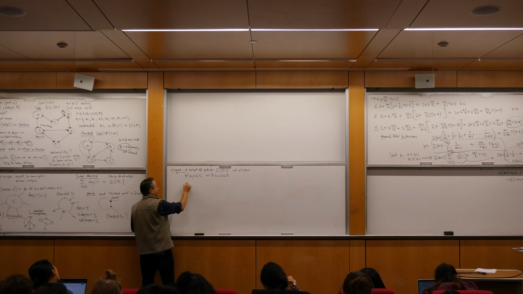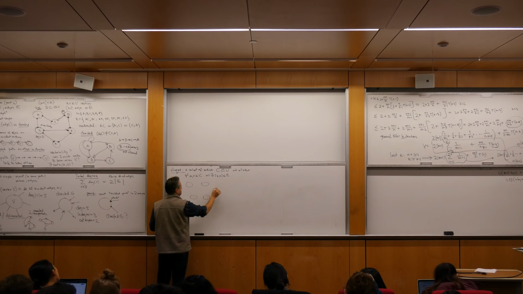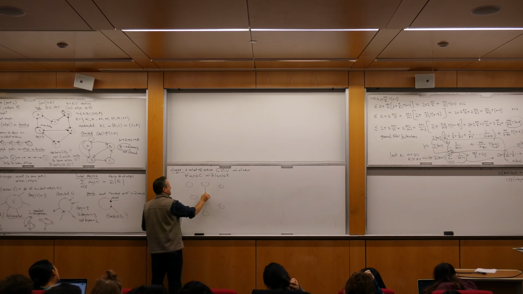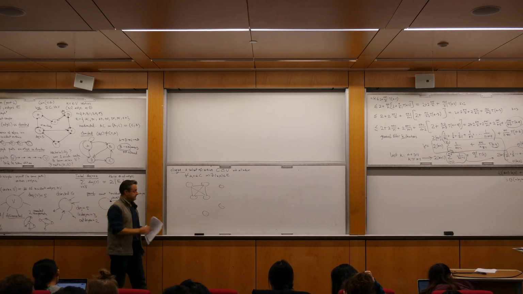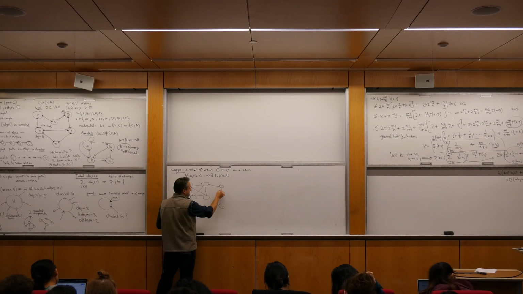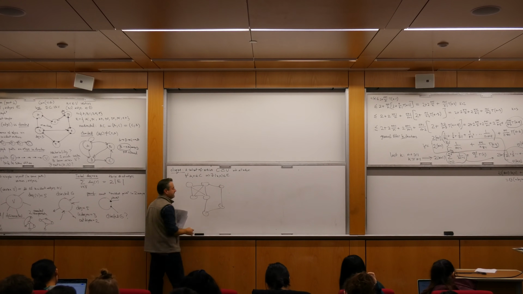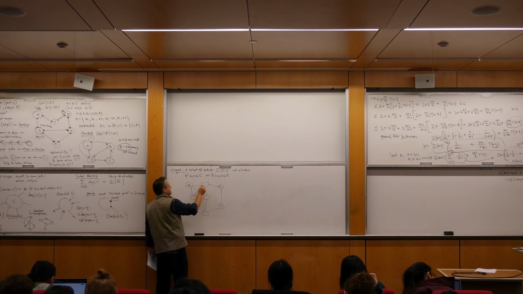So here's an example. This here is a clique. It has all the edges. But the other guys are not necessarily part of the clique. So A, B, C, D is a clique.